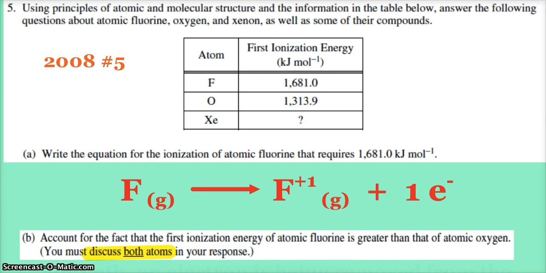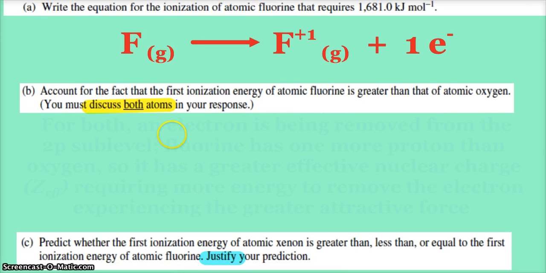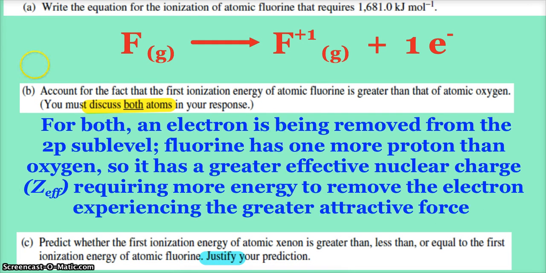They're both in the second period, both have electrons in the same valence shell. But what does fluorine have that oxygen doesn't? One more proton. So for both, an electron is being removed from the 2p sublevel, or the second energy level. Fluorine has one more proton than oxygen.